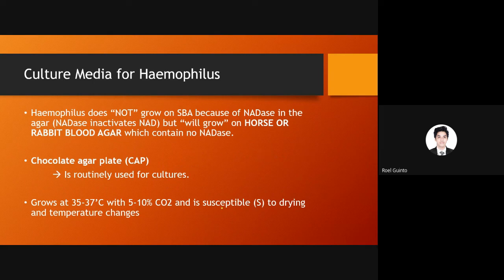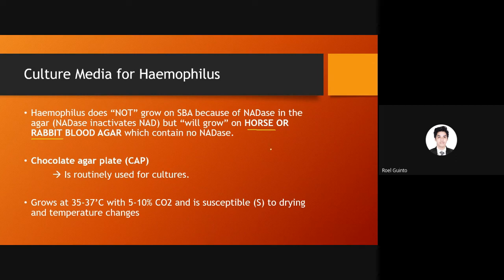Na-discuss na rin natin itong culture media for Haemophilus. It will not grow on sheep's blood agar because sheep's blood agar contains NADase, which inactivates NAD. So, pwede tayong gumamit ng blood agar plate if the blood is horse or rabbit blood.